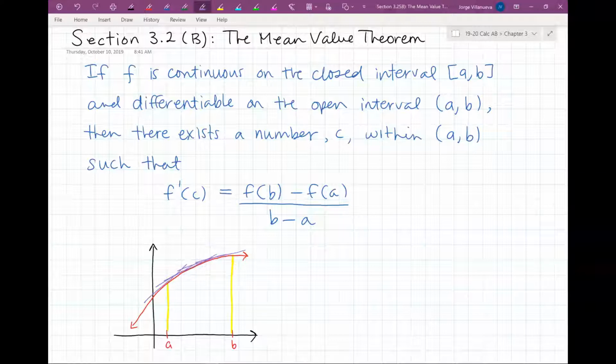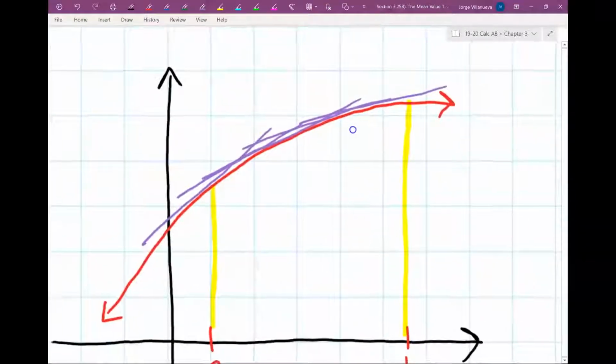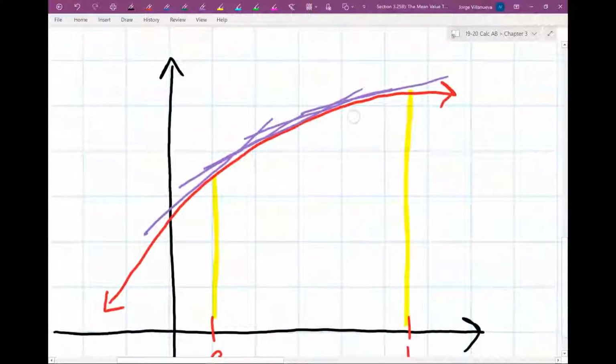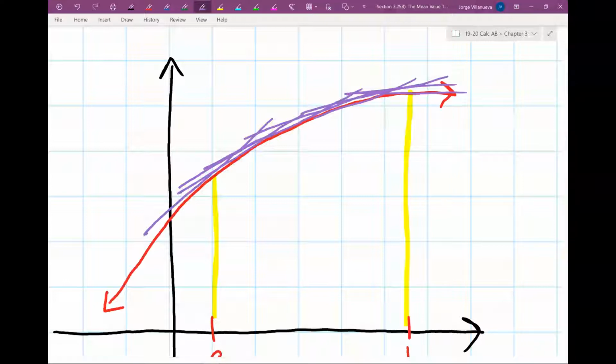If I draw tangent lines at every possible point between A and B, every single one of those lines is going to have a specific slope. That makes sense?